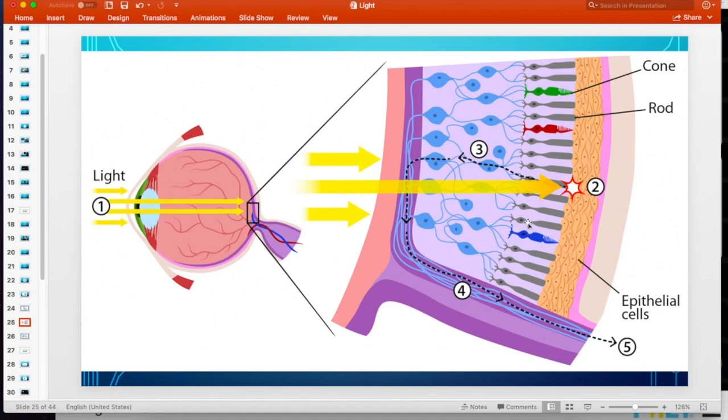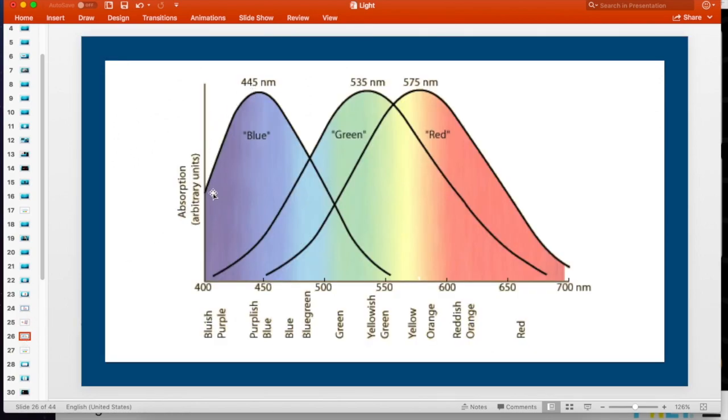Now, they don't just interact with one type of green, one type of red, one type of blue. Actually, each cone cell is responsible for a spectrum of wavelengths. So on this chart, we have wavelengths of light. Remember, visible light is about 400 to about 700-ish nanometers. The blue cone cells are responsible for absorbing, for interacting with this spectrum of light.